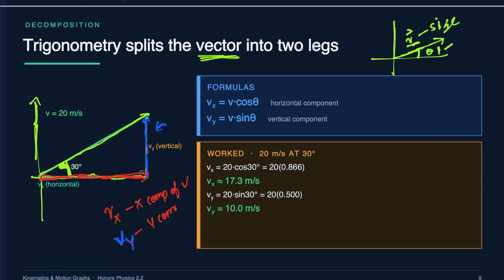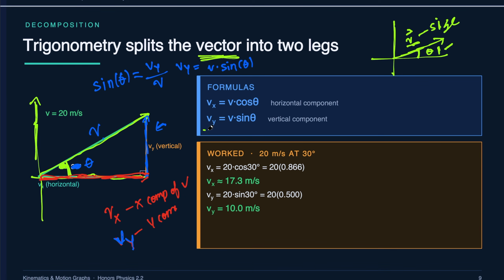Now, if you use an angle theta, so, for example, imagine this is 30, right? Imagine just an angle, some theta angle. Sine of theta is going to be equal to what? Vy over V, opposite over hypotenuse. So this is V, okay? This is the magnitude V. So if you wanted to find Vy, wouldn't it just be Vy is equal to V times sine of theta, right?